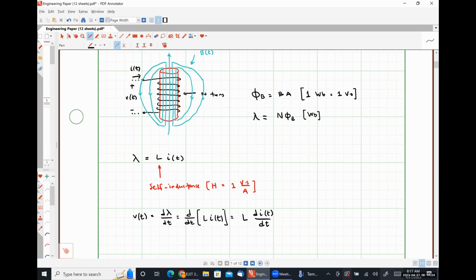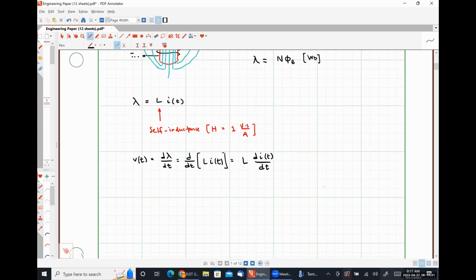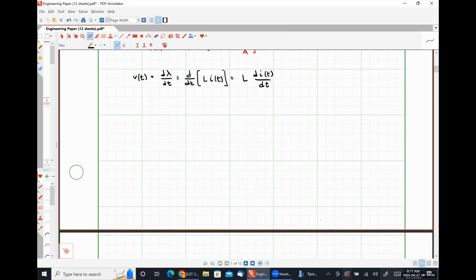So what we're going to talk about next is mutual inductance. So I'm going to draw a simple circuit here. Let's say that I have some time varying source.